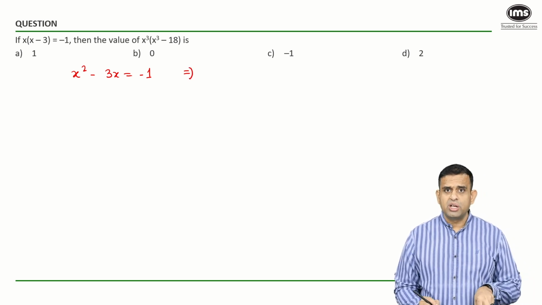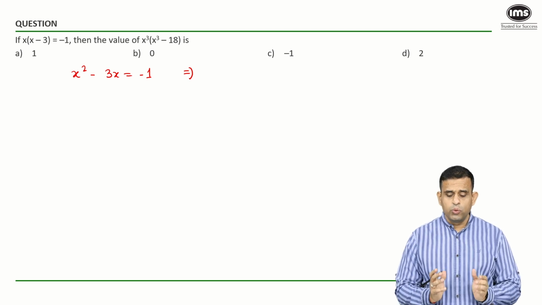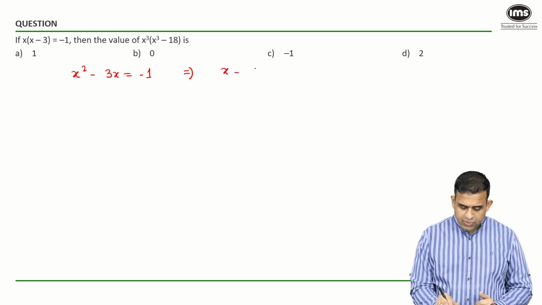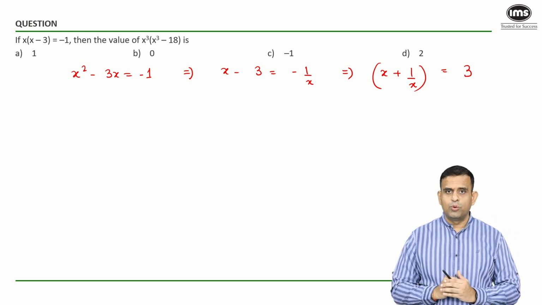Why? If x becomes equal to 0, LHS becomes 0, RHS happens to be -1, so x equal to 0 is not a root, and hence I can divide by x here, giving you x minus 3 is equal to -1 by x. And if I simplify this, one can say x plus 1 over x should be equal to 3 is what we have at the moment.